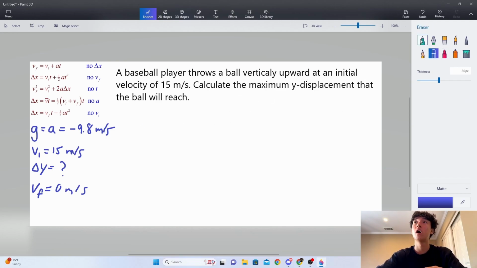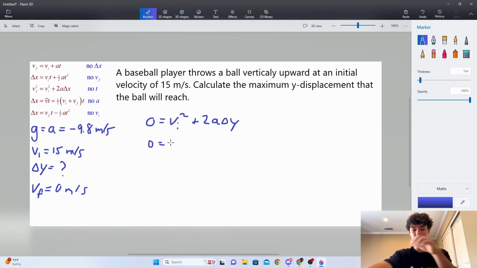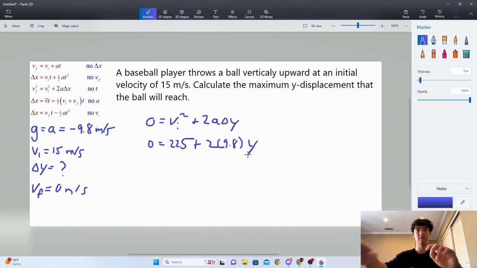So 0 is equal to vi squared plus 2a change in y. 0 is equal to 15 times 15, which I'm pretty sure is 225, if I'm not mistaken, plus 2 times 9.8, times change in y, my friend.